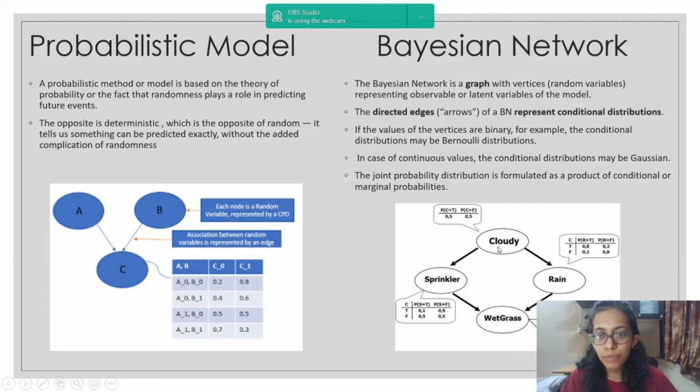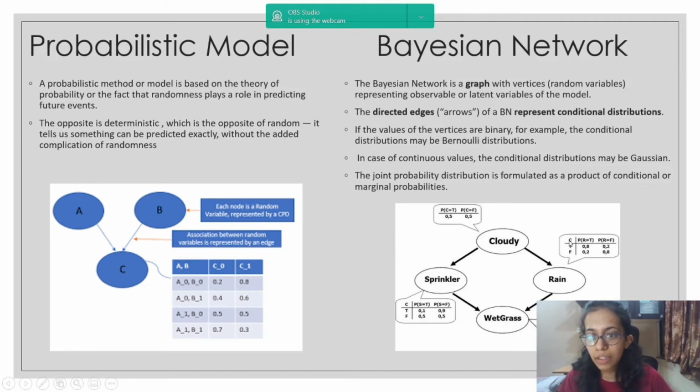So like I said, if we look at this example, we have the variable cloudy. The probability of the sky being cloudy and not cloudy is 0.5 in both cases. But knowing if cloudy will affect the variable rain is found out by the product of marginal probabilities.